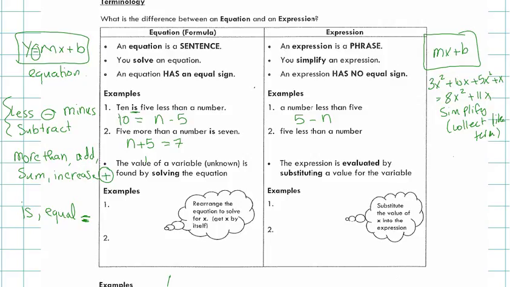N minus 5. Okay? 5 less than a number. So this is the same thing as this, but the difference here is you have is 10, but in this case you don't have that equal to 10 part.